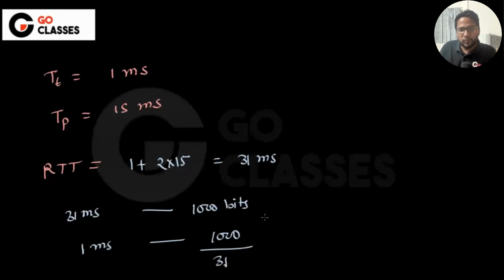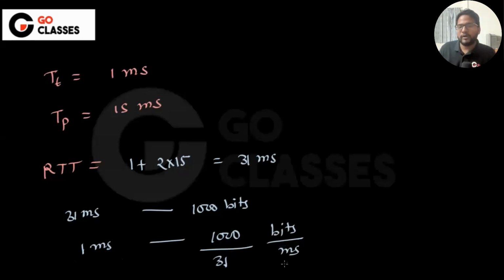And if you want to find out how much you're sending in 1 second, you just multiply by 1000. This is in bits per millisecond.